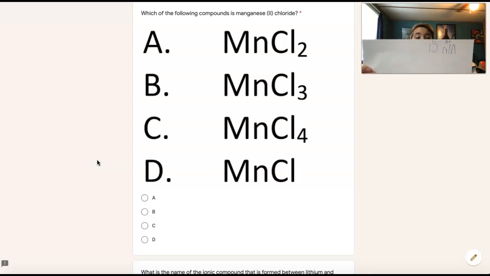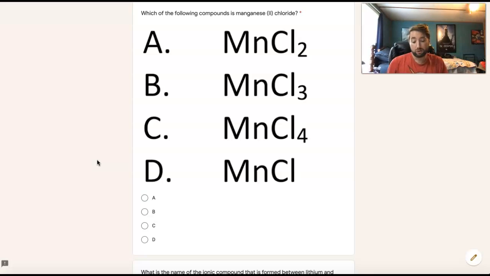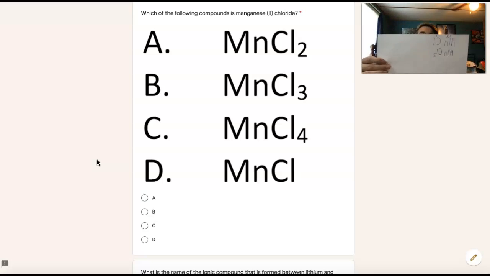The next thing I'm going to do is take these numbers up here at the top, this 2 and this 1, and crisscross them and put them on the opposite one. So I'm going to rewrite this as Mn1 Cl2. Remember, you don't take the signs with them, you just take the numbers.